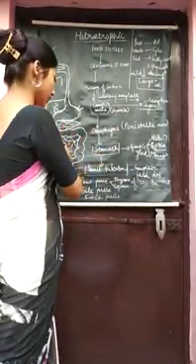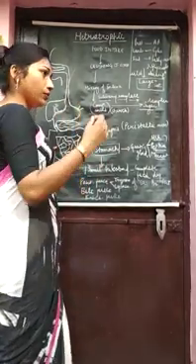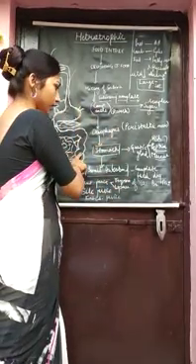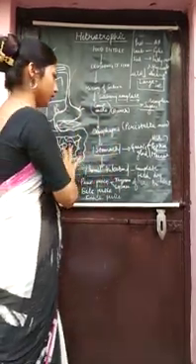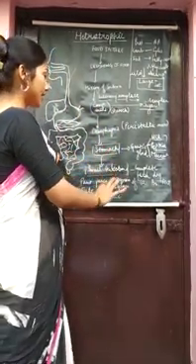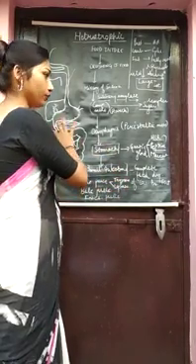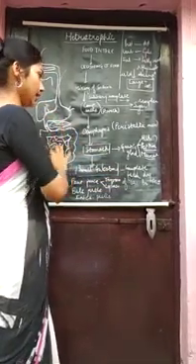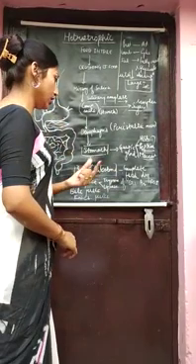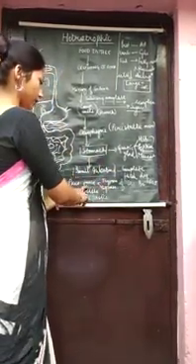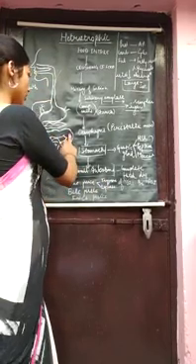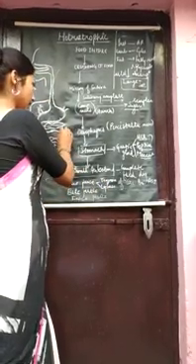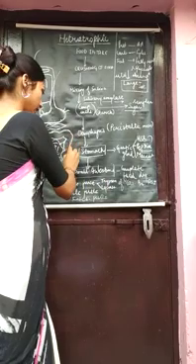One more thing, in this section the complete food digestion is completed. We can see that lots of food digestion is completed in the small intestine. After the functioning of pancreatic juice and bile juice, we have an intestinal juice which is secreted from the inner lining of the intestinal wall.